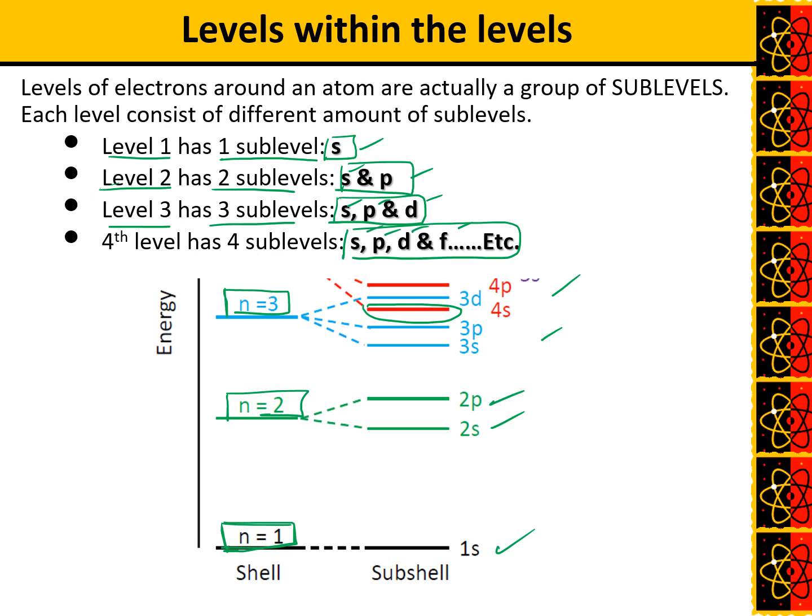Well, because there are sublevels within the levels, we need to figure out how the electronic configuration is going to be for the elements when we take those sublevels into consideration. I know that you don't understand right now. Don't worry, you are going to understand in 5 minutes.